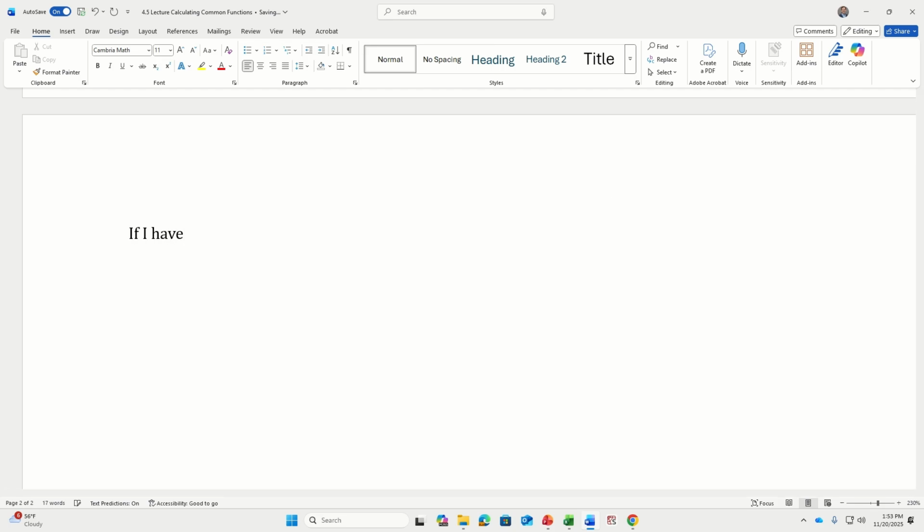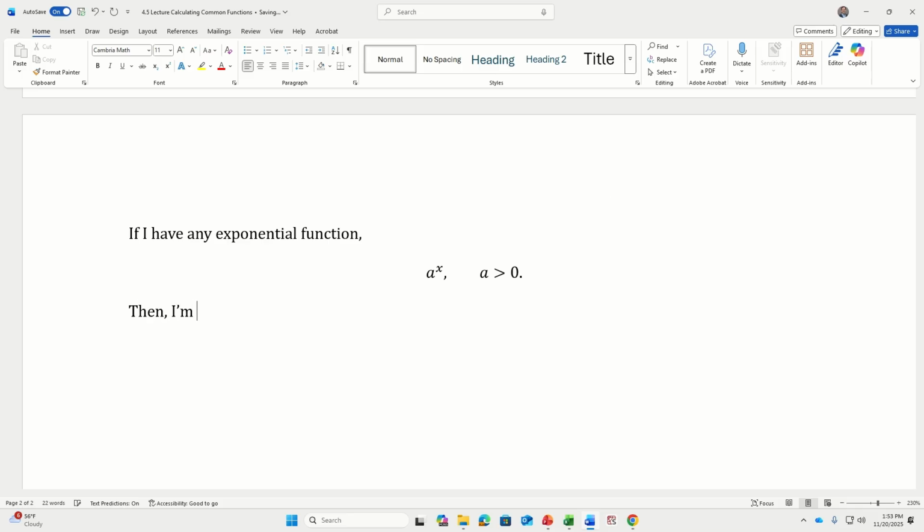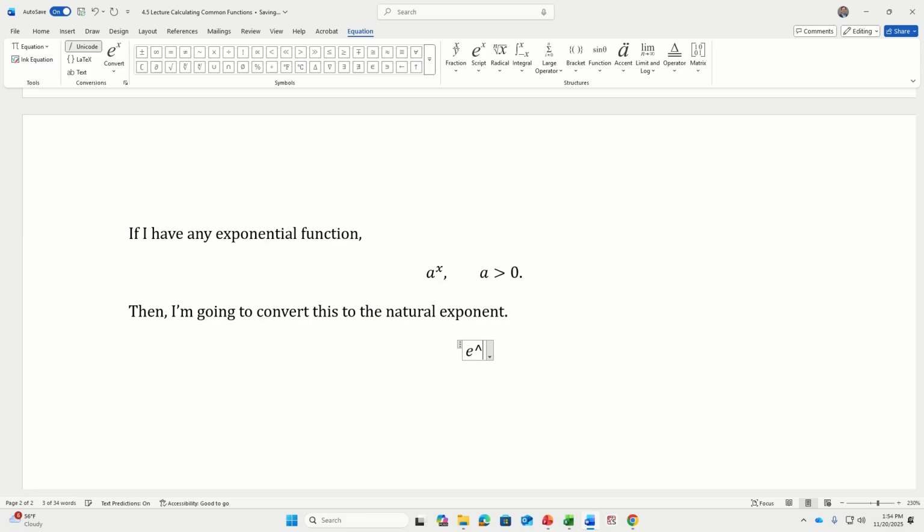If I have any exponent like a to the power x, where a is a positive real number, then I'm going to convert this to the natural exponent, which is saying that a to the power x is going to be e raised to the power natural log of a, right? Because the exponent base e and the logarithm base e are inverse functions.